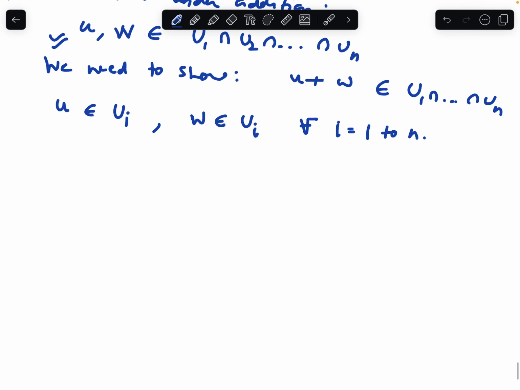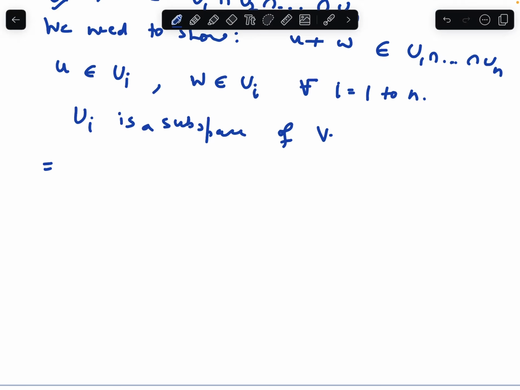Okay, since U is in UI and W is in UI, and UI is a subspace of V, closure holds inside UI. U and W are both inside UI, so U plus W has to be inside UI. What is I?